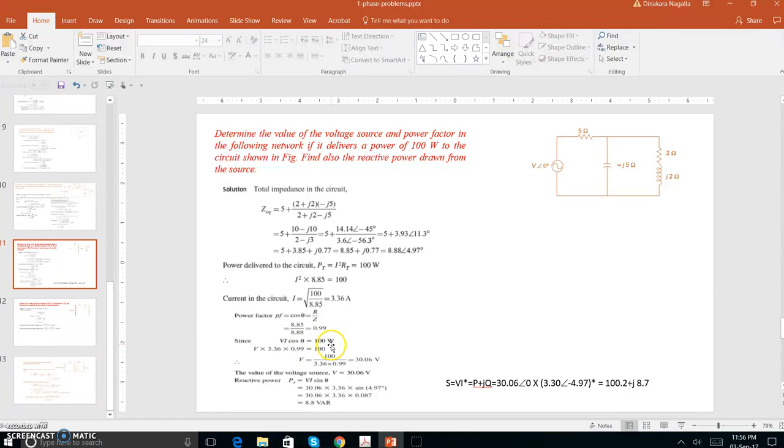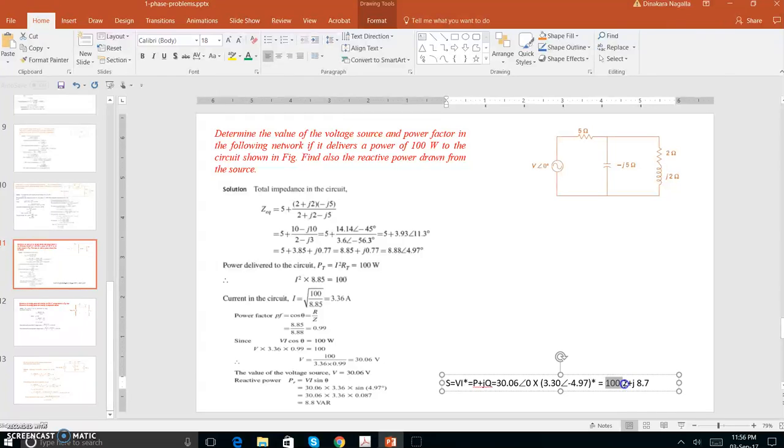So VI cos theta is known, and from that the magnitude of V can be obtained. When V, I and phi are known, VI sin phi is the reactive power. It should be Q here. The reactive power of the circuit is 8.88 VAR. Of course, when the V and I phasors are known, V I conjugate will give us the apparent power, which is the combination of real power and reactive power. We can verify that the reactive power here is 100.2 and here it is 100.